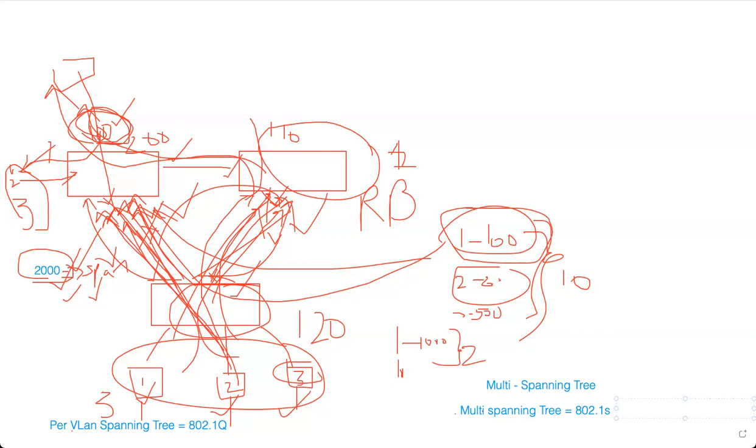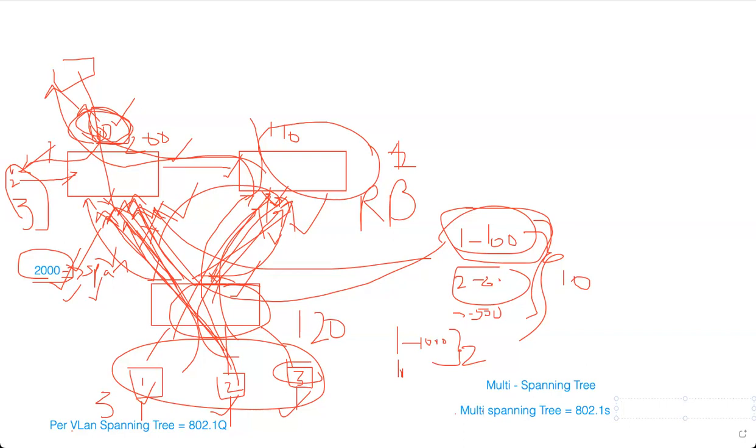Okay, Shruti, can you tell me what the different port types are? Yeah, the first one is the designated port, the second one is the root port, and the third one is the alternate port or blocked port.